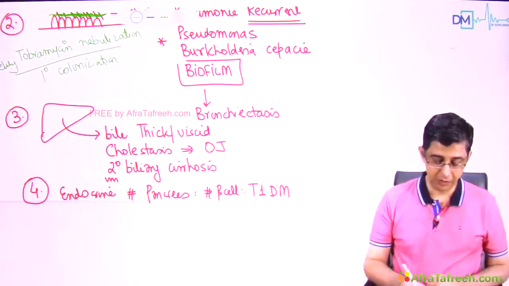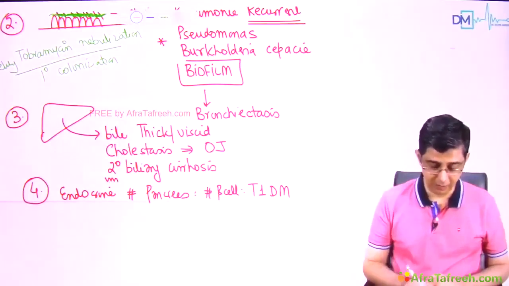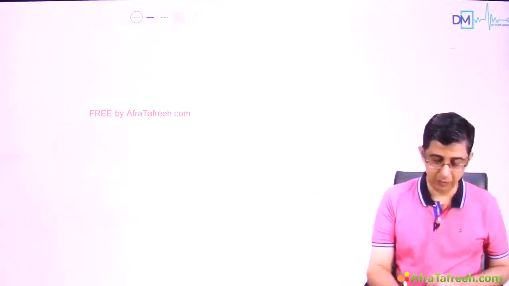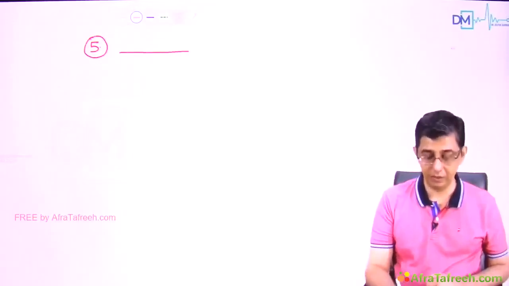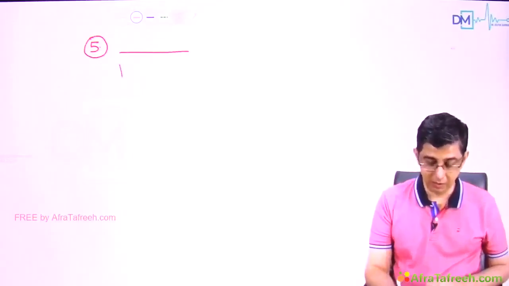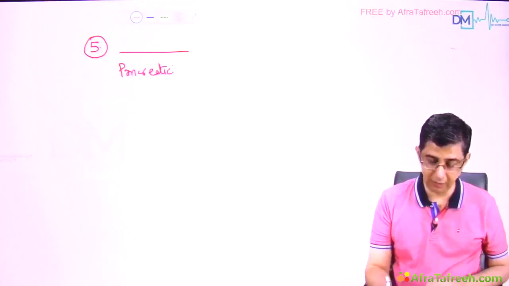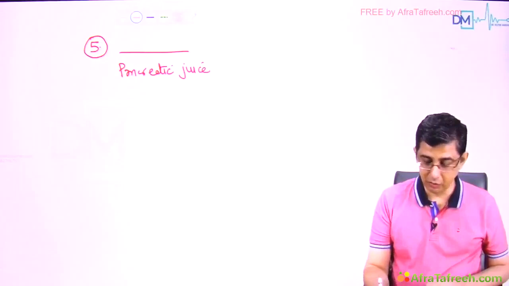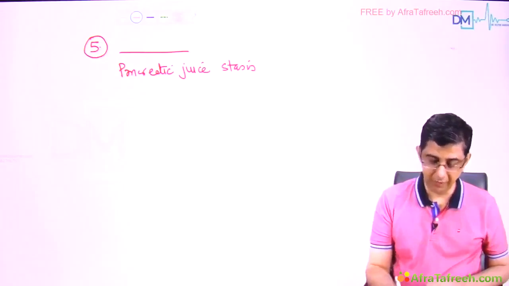The fifth manifestation that will develop in this particular case is based on the fact that the patient will be having, I'm leaving a line here, listen to the explanation. In this case, the pancreatic juice is thick and viscid, and it would be stuck in the pancreas. So therefore the concentration of amylase in the intestine will be relatively lesser.